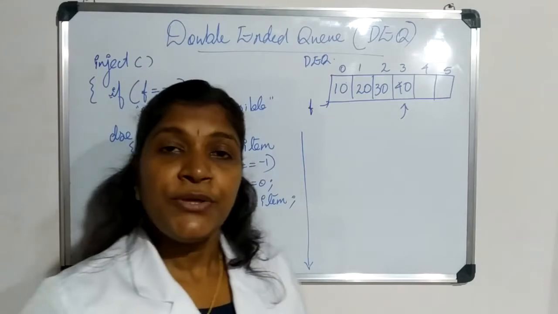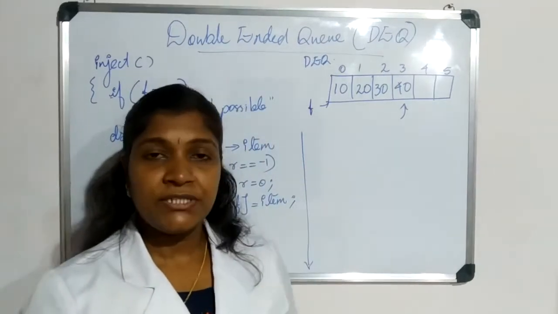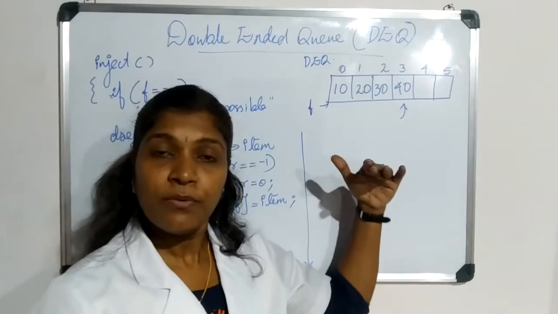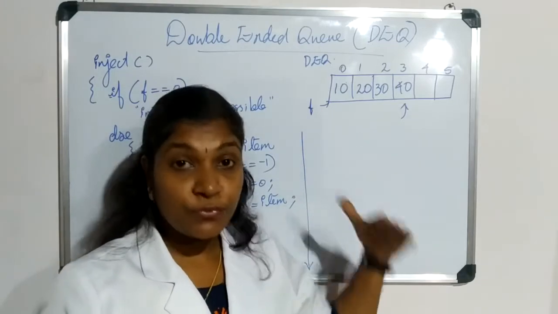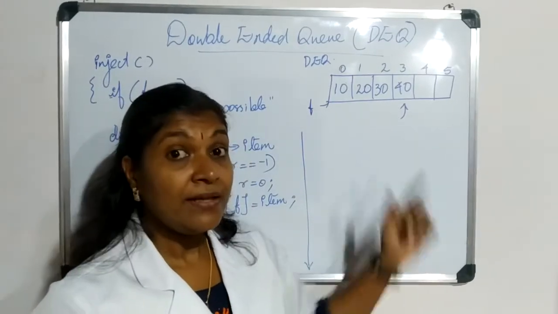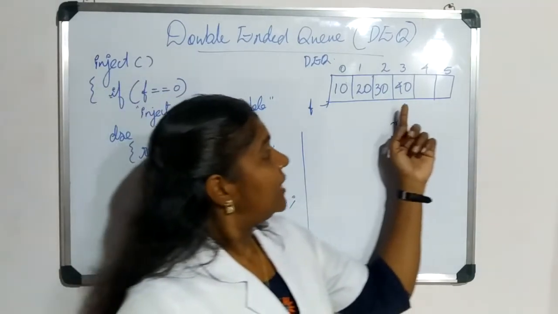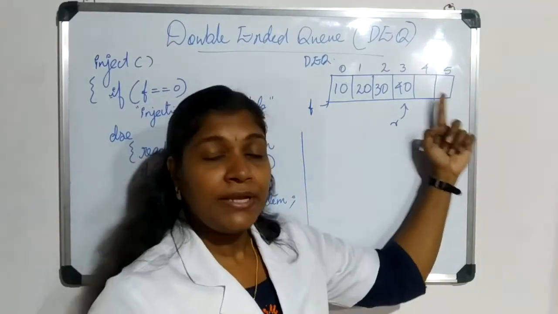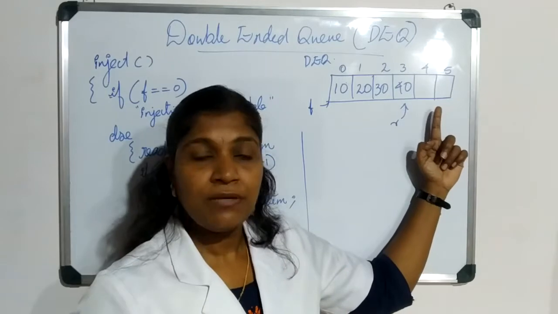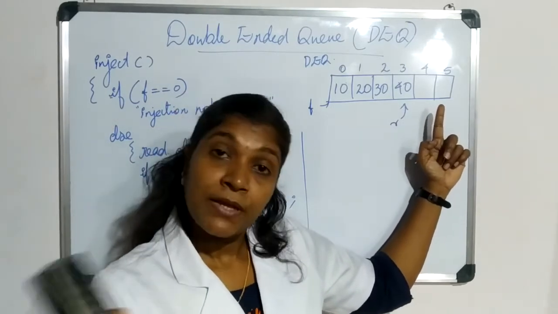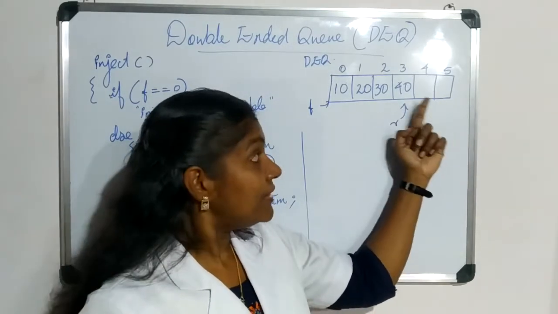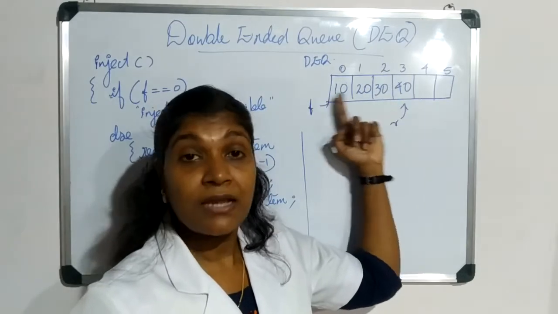So in our NQ operation, what was the full condition we checked? The condition for the Q being full was rear is equal to size minus 1, right? That is, when rear is pointing to the last location, we were not able to enter more elements into that Q, even if vacant positions were there at the front, right?